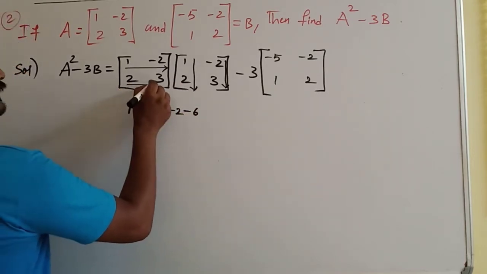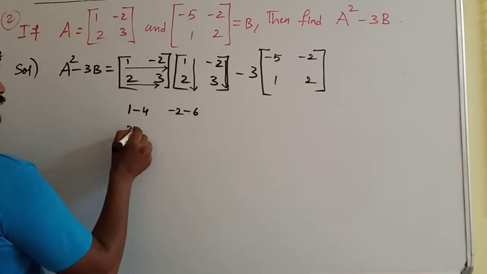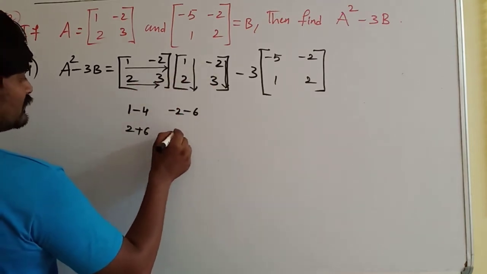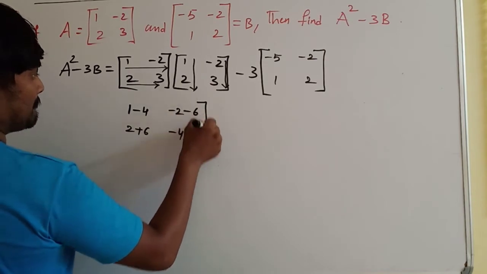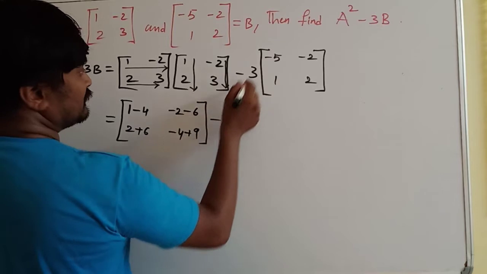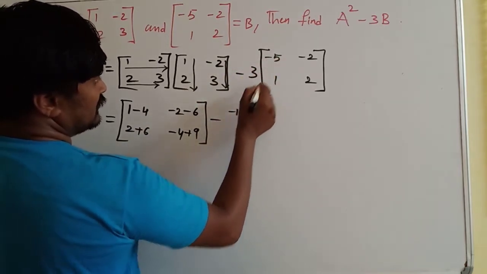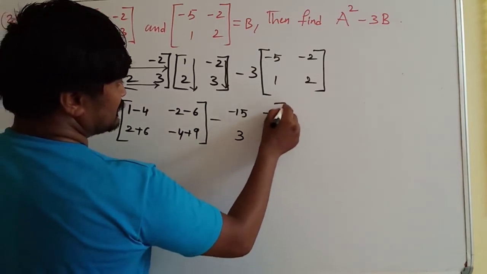Now again the same method, second row, first column: 2 ones are 2, plus 3 twos are 6. 2 into minus 2 is minus 4, 3 threes are 9. This is your A square. Now 3B: 3 into minus 5 is minus 15, 3 into minus 2 is minus 6, 3 ones are 3, 3 twos are 6.